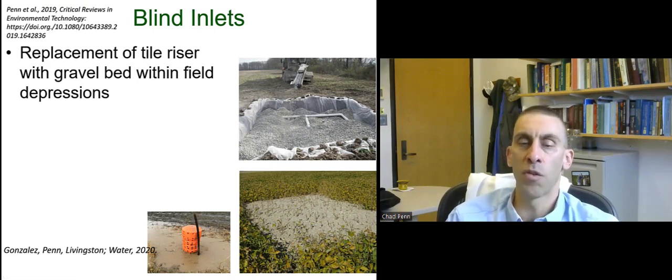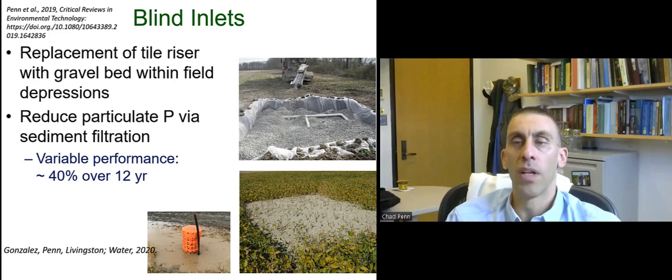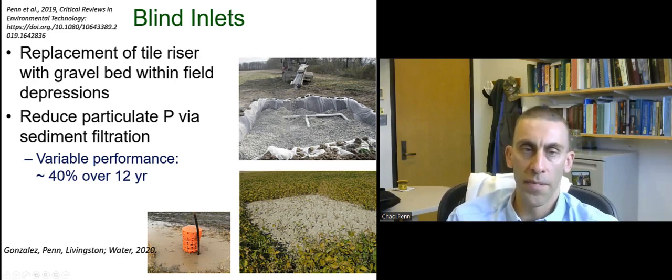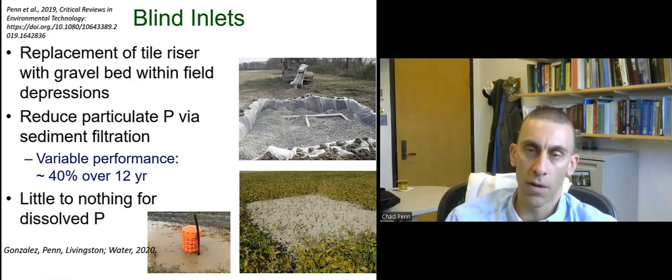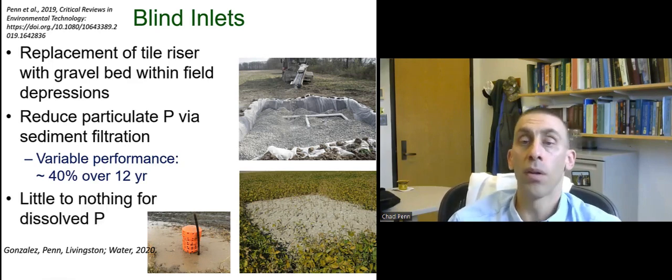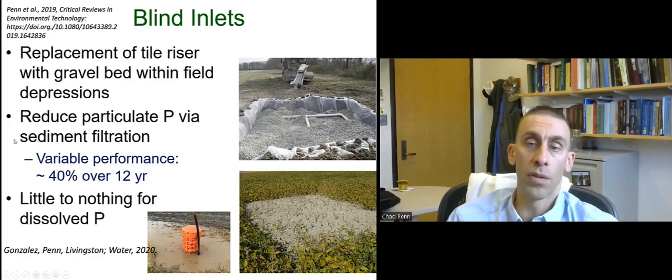So instead, if you imagine replacing that with a bed of gravel and media underlain with perforated pipe, it provides the opportunity to filter out sediment before entering the tile drainage system. So they work very well at removing sediment, but they do very little to nothing for dissolved P. And that's because the gravel that's used, typically limestone gravel or whatever is locally available, doesn't have an affinity for dissolved phosphorus.